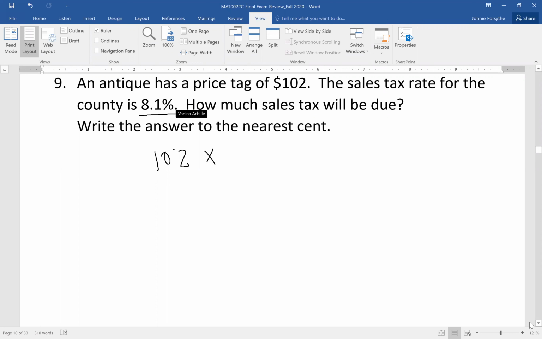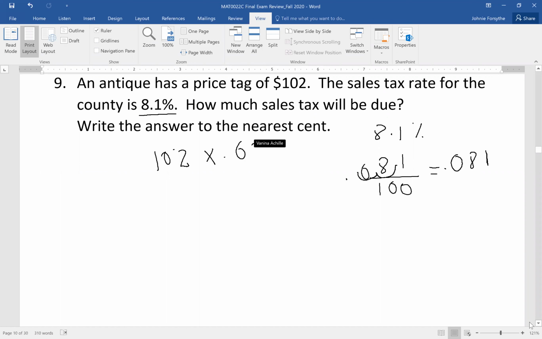You always have to change it into a decimal. So 8.1% is the same thing as 8.1 divided by 100, or just moving the decimal twice to your left, which will give you 0.081.